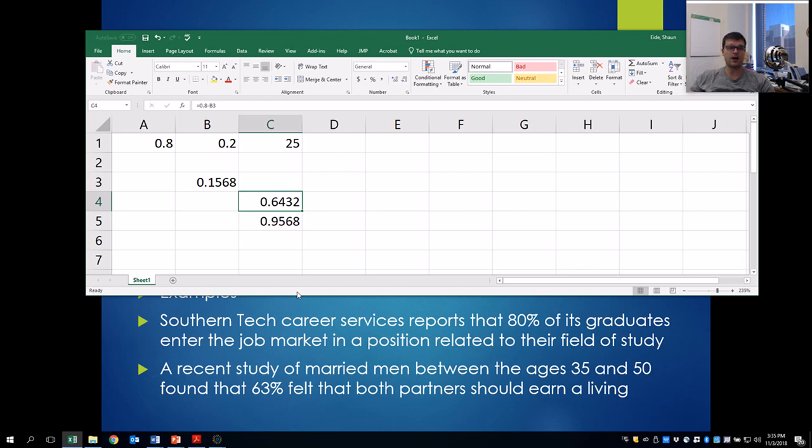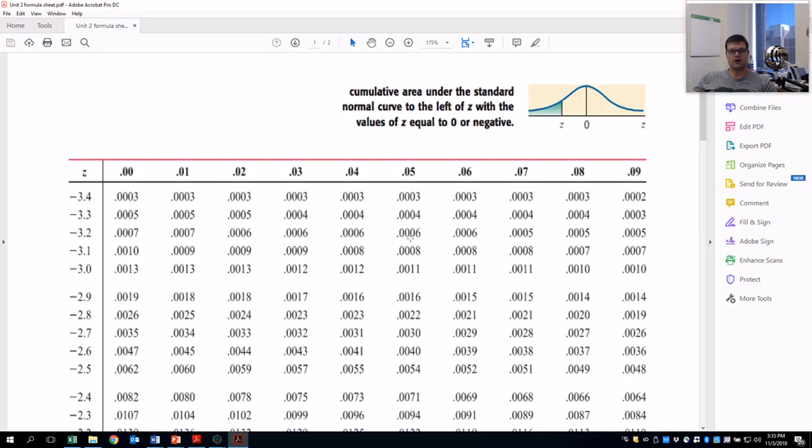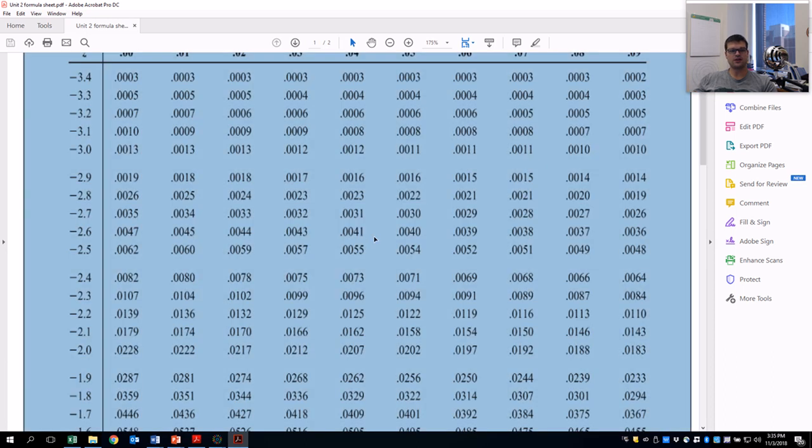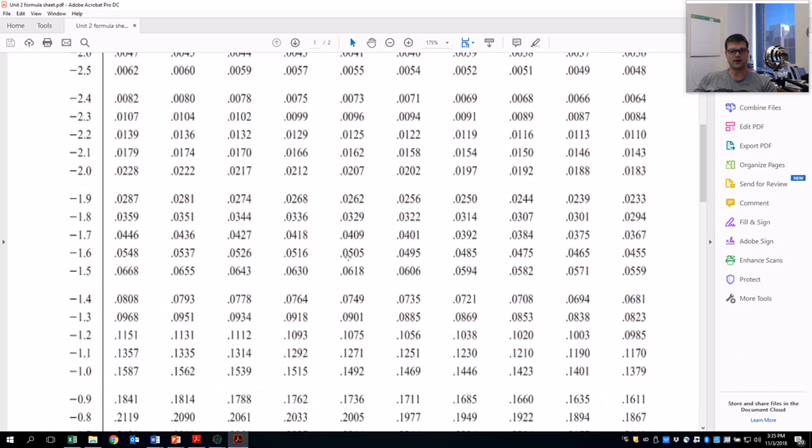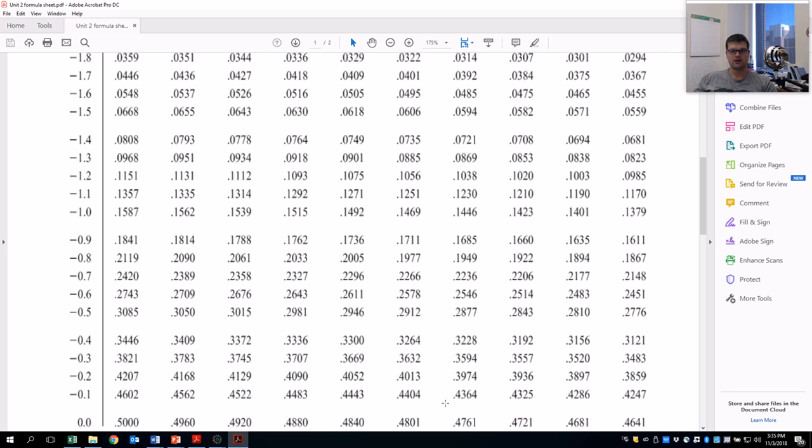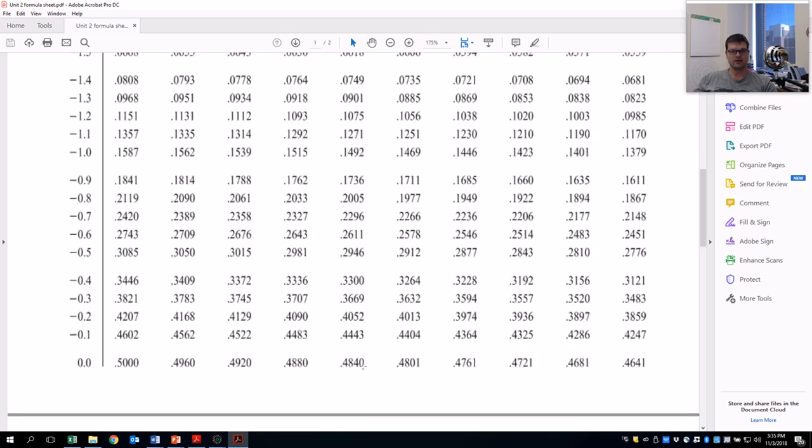I could go from 95 to 90. If I were to go from 95 to 90, let's see here. Let's pull up the z-score chart. Unit 2. Okay, if I were to use a 90% confidence interval, we're going to find 4,500.